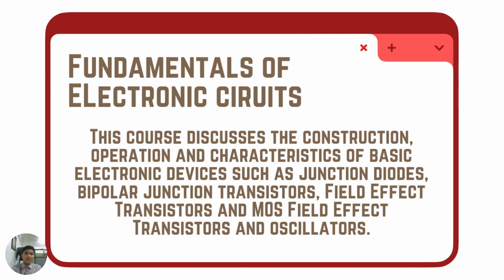Another term is the MOS field effect transistor. For the MOS field effect transistor, of course, as in the name, it is still a field effect transistor, so it's still a FET device. So what is the difference then between the MOSFET and the field effect transistor?